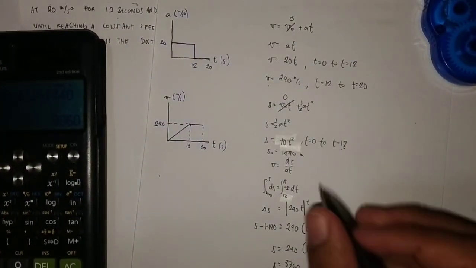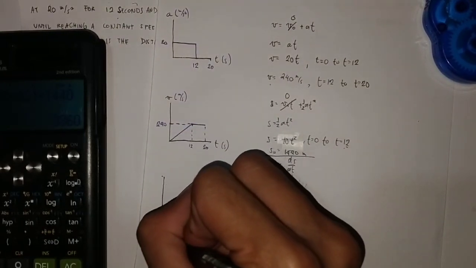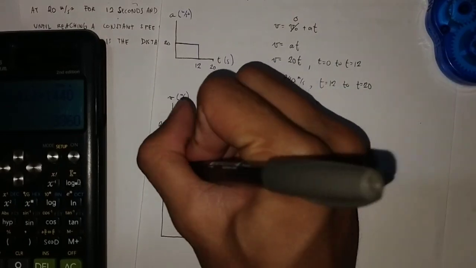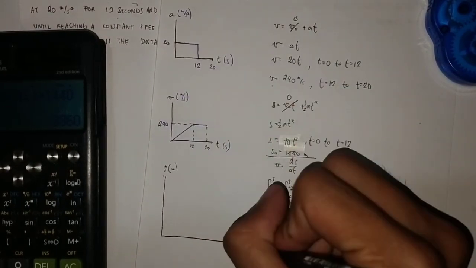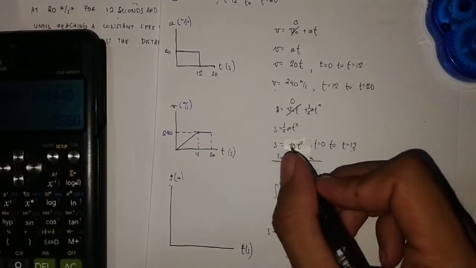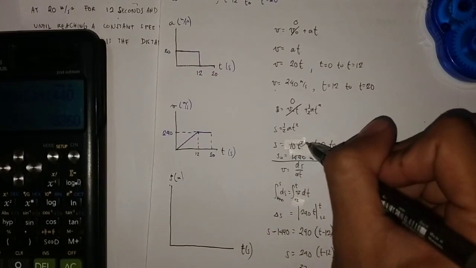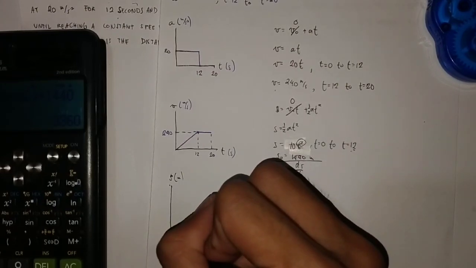Now we have our two values for our ST graph. So our first equation is 10t squared. Since it is squared, this is a graph of a parabola.